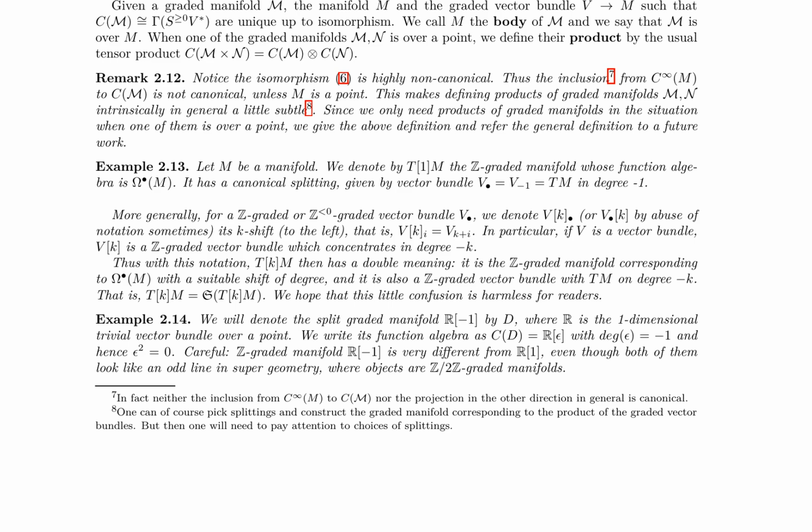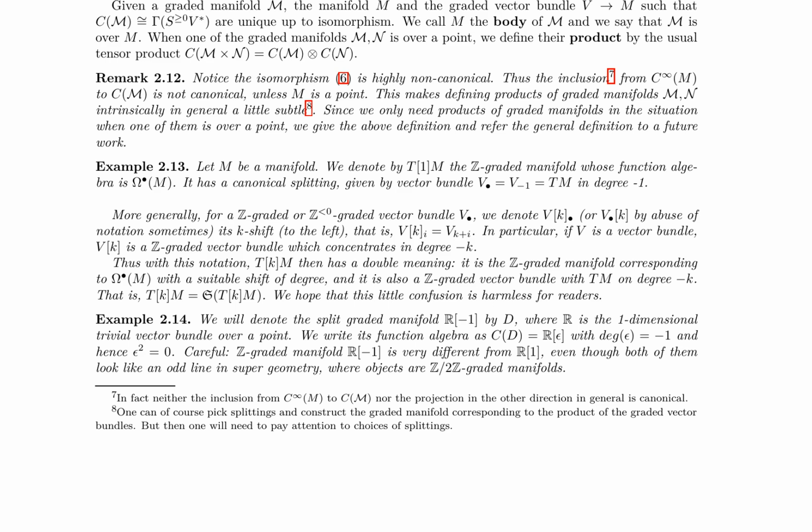The authors remark that the isomorphism is highly non-canonical, and thus the inclusion from C∞(M) to C(M) is not canonical, unless M is a point. Examples of graded manifolds are provided, including T[1]M, whose function algebra is Ω(M), and R[-1], denoted by D.